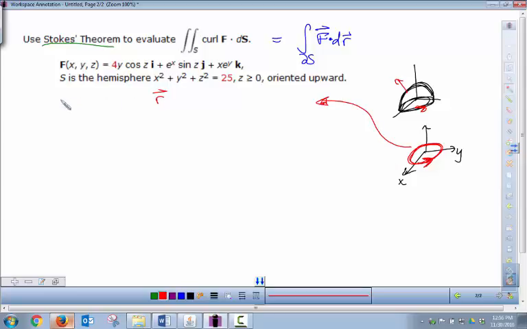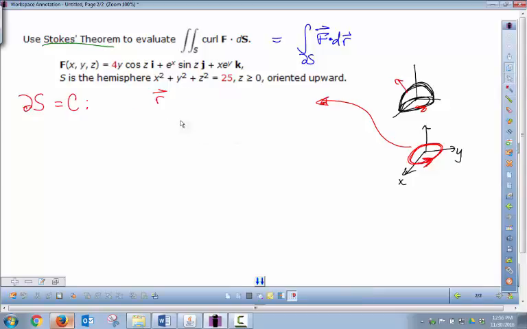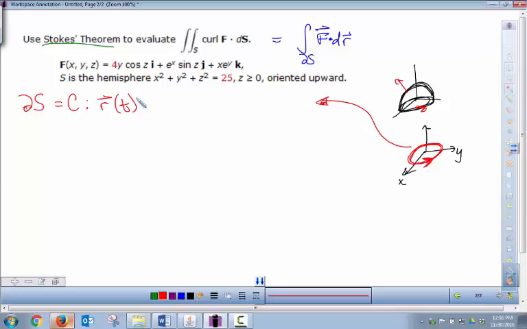So your curve C, also known as the boundary of S, is a curve, so this is just parameterizing one dimension, and this is just going to be cosine and sine with a radius of 5, it looks like, right?